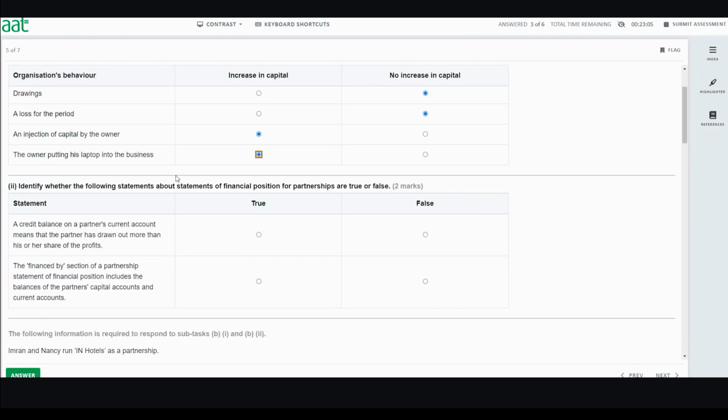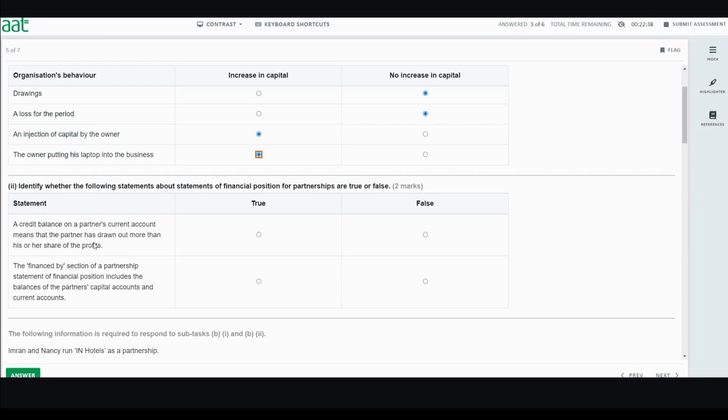Identify whether the following statements about statements of financial position for partnerships are true or false. So this is your balance sheet. This is where your non-current assets, non-current liabilities, and current liabilities sit. A credit balance on a partner's current account means that the partner has drawn out more than his or her share of profits.